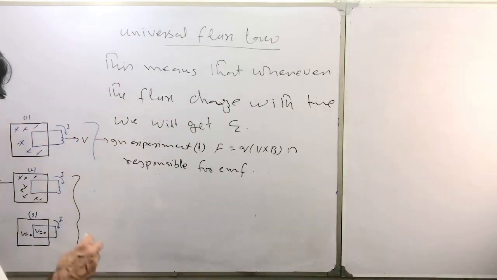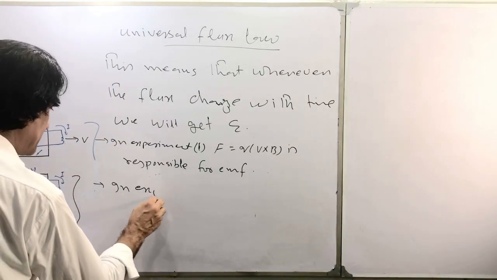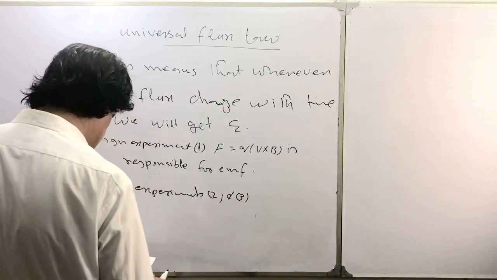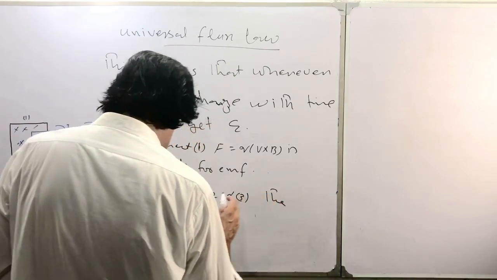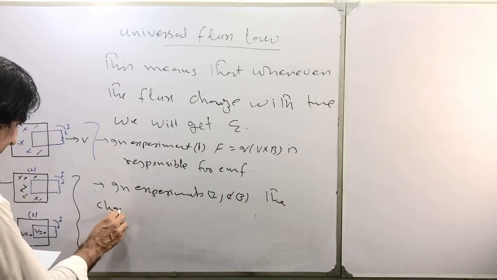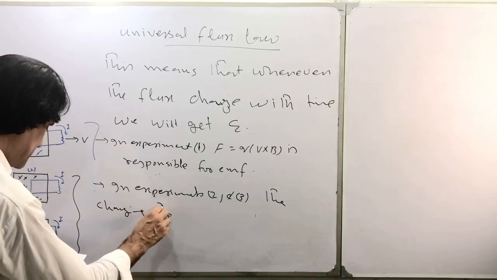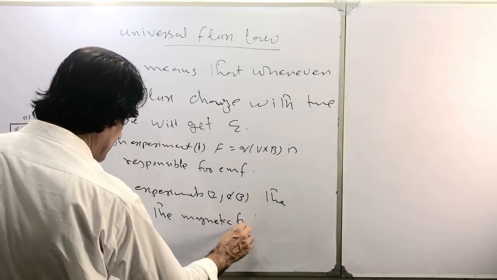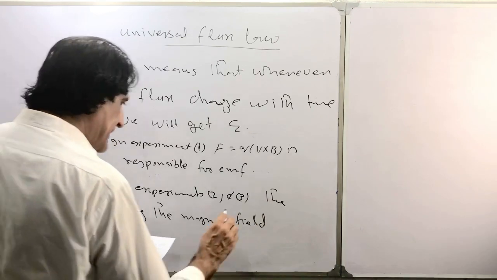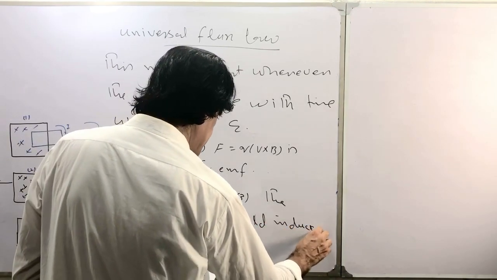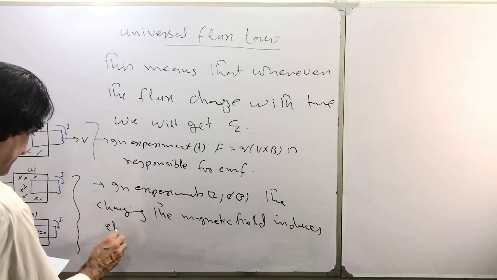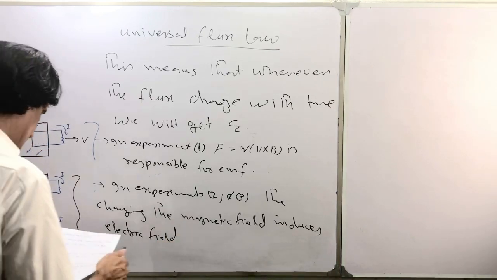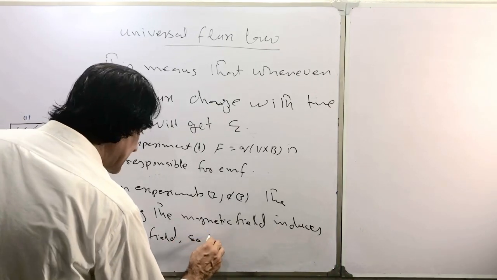So in experiments 2 and 3, the changing magnetic field induces an electric field.